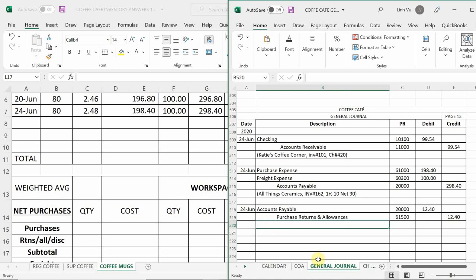Any notes that you need to have here? All Things Ceramics, return 5 broken mugs, full refund. Okay. Good.